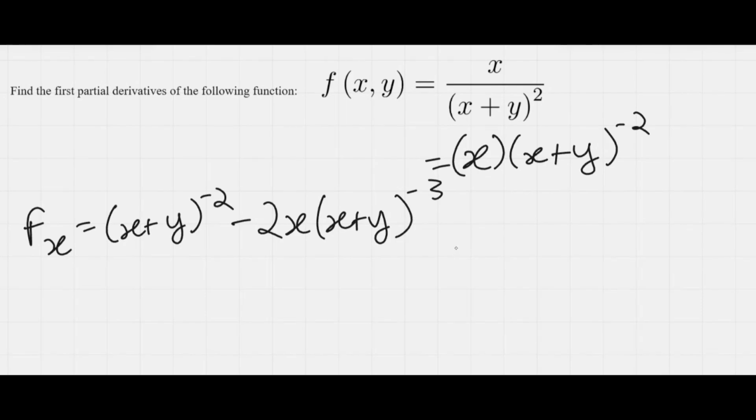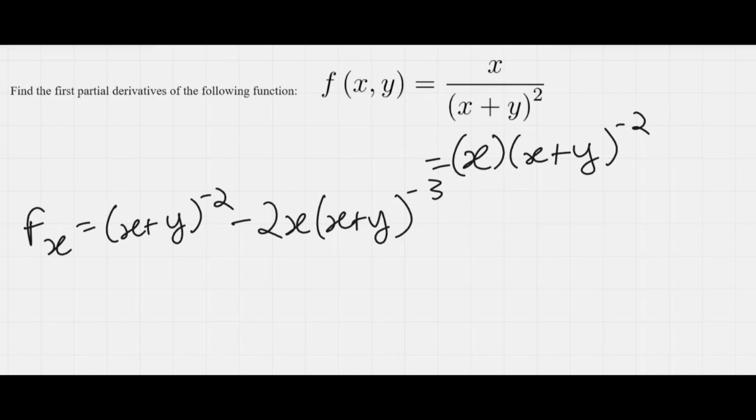And then we have to use the chain rule, and in order to find the derivative of x plus y, treating y as a constant, the derivative of x plus y is just 1. So we don't have to multiply out anything, and we're just left with the expression as is.